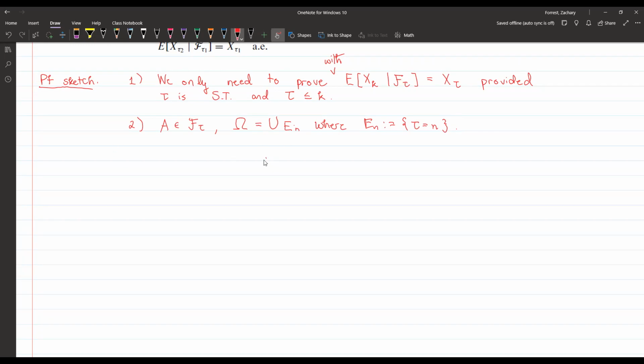And then from there, if I take the integral over A intersected with E_n of X_k, what I'm going to be able to show is that this is equal to the integral over the same set, but with X_k replaced by X_n. Remember, in this case, when I say k here, I don't just mean a random index.